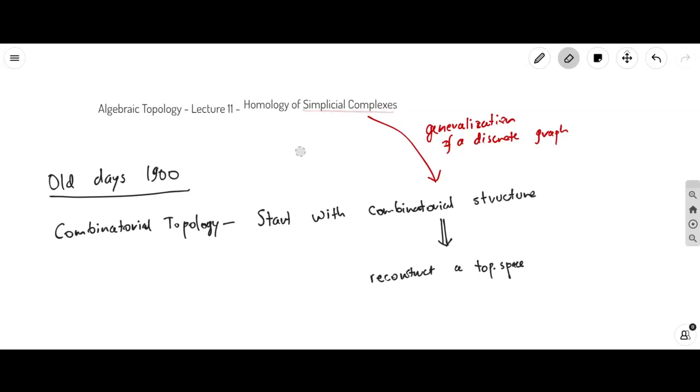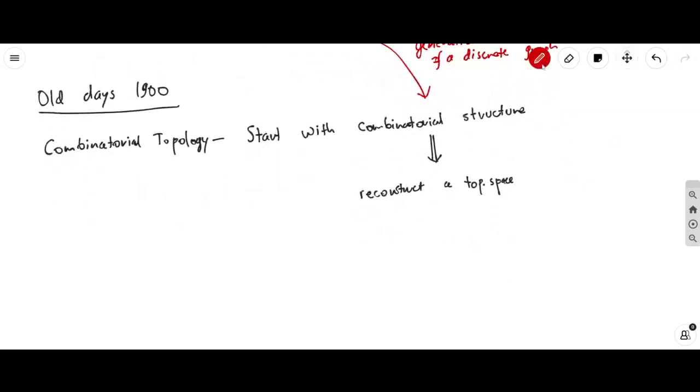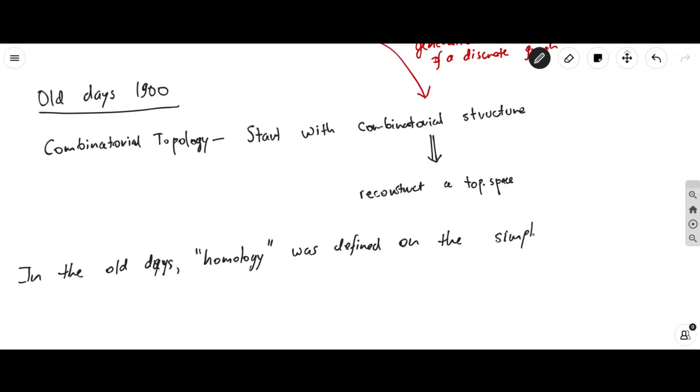And so in the old days, homology, so the homology groups, was defined on the simplicial complex, not on the topological space.